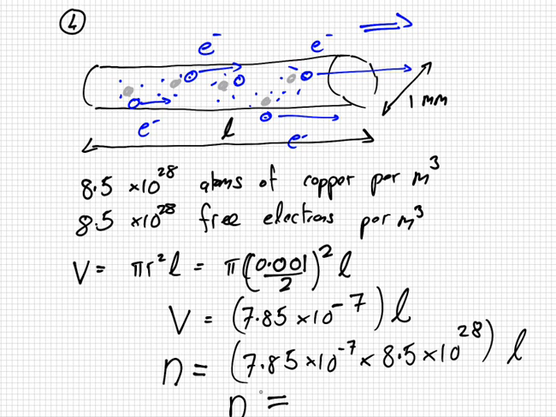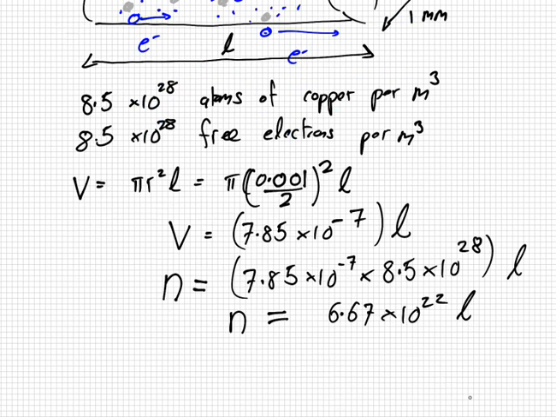So, the number of free electrons. For example, just think about this for a moment. Let's imagine the volume was equal to 1 meter cubed. Then how many free electrons would you have? You would have this many. True? Let's imagine the volume was 2 meters cubed.